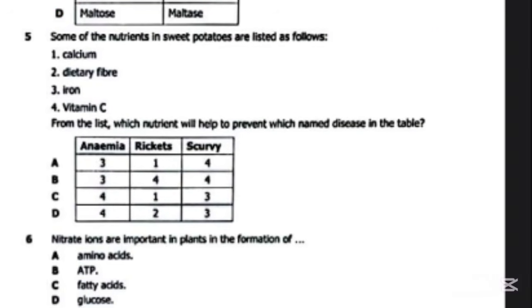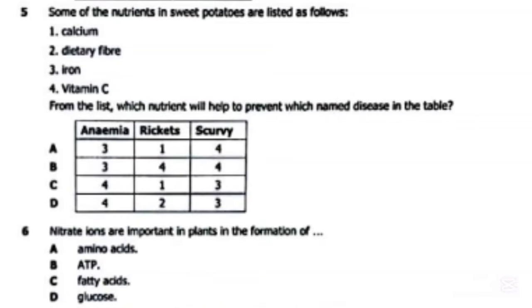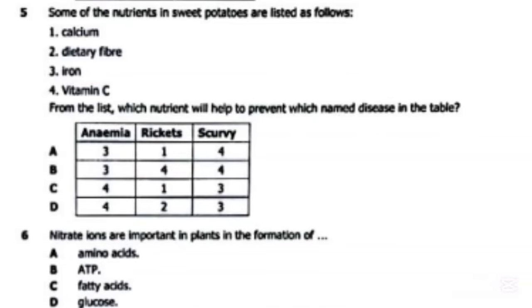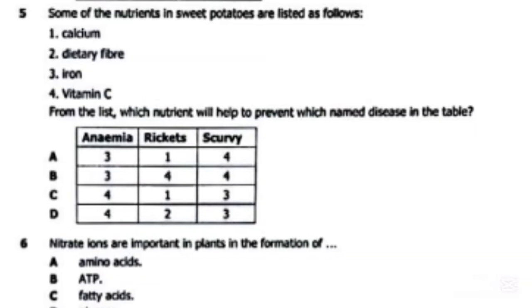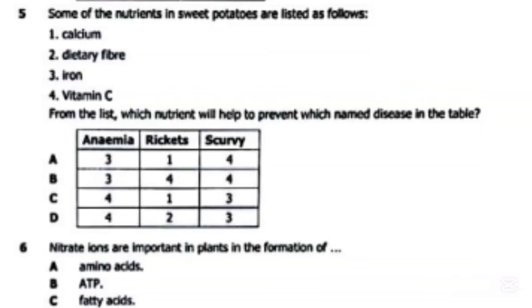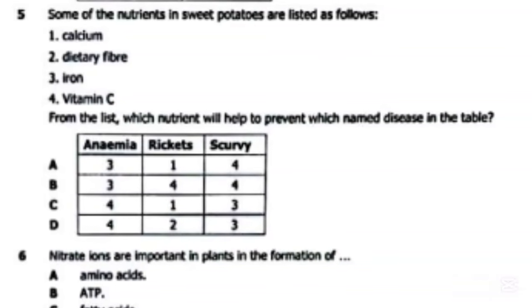Moving on to question 5. Question 5 is saying some of the nutrients in sweet potatoes are listed as follows: calcium, dietary fiber, iron, and vitamin C. So these are coming from the question nutrients. So you have to revise for MCQ also.